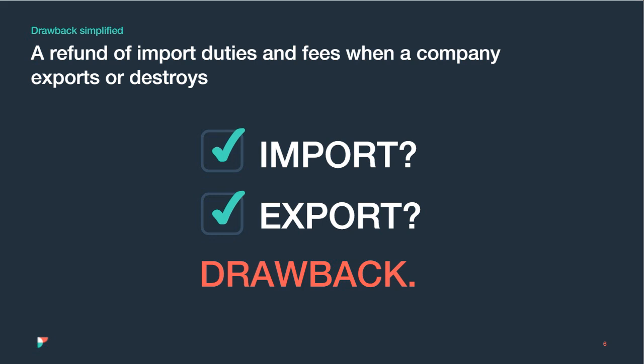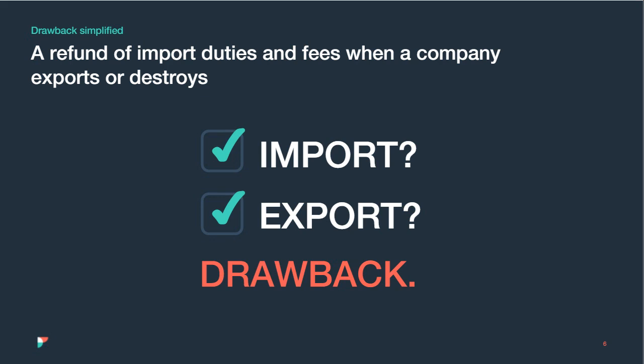At this point, $2 billion has been paid by customs to drawback claimants in the U.S. this year alone. And the estimates across the industry are that 70% of drawback goes unclaimed every year. Your companies, importers and exporters, are leaving $4 to $5 billion or more on the table every single year.